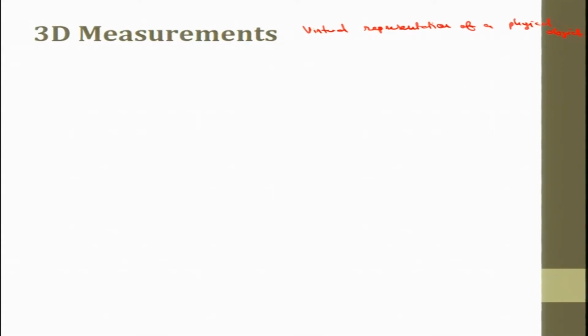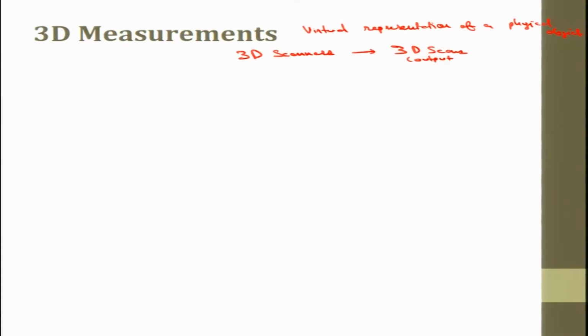Okay. Now, 3D scanners are optical devices used to create 3D measurements or 3D scans. If I say 3D scanners, the outputs are known as 3D scans. The 3D scan is the output.